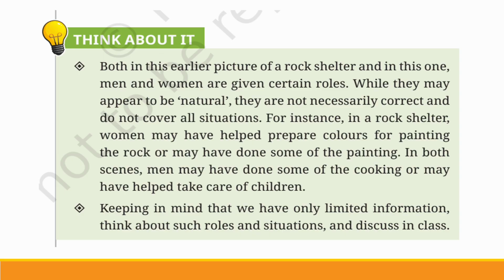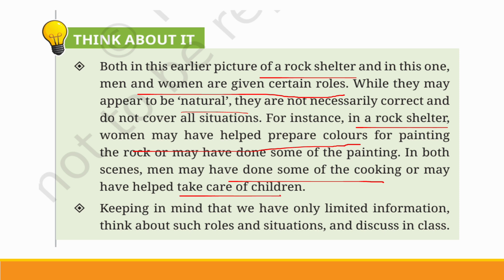Both in this earlier picture of a rock shelter and in this one, men and women are given certain roles. While they may appear to be natural, they are not necessarily correct and do not cover all situations. For instance, in a rock shelter, women may have helped prepare colors for painting the rock or may have done some of the painting. In both scenes, men may have done some of the cooking or may have helped take care of children.